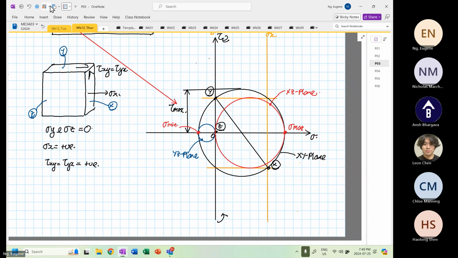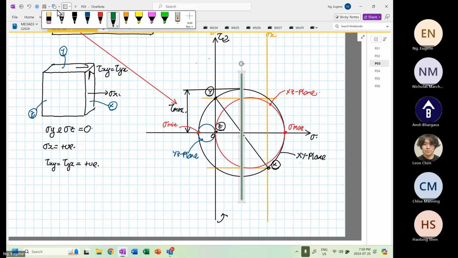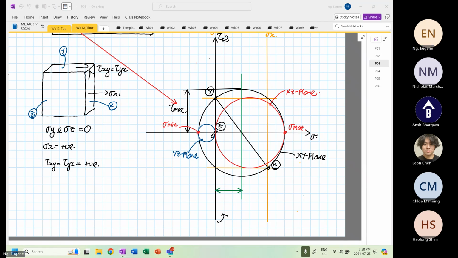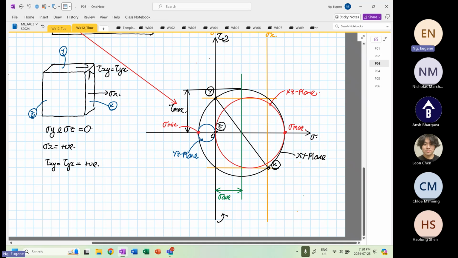Okay, so we know that as before, we have our stress average line. Right? So this over here, this distance from here to here. So this stress average that we're going to use is for our XY plane. Okay.